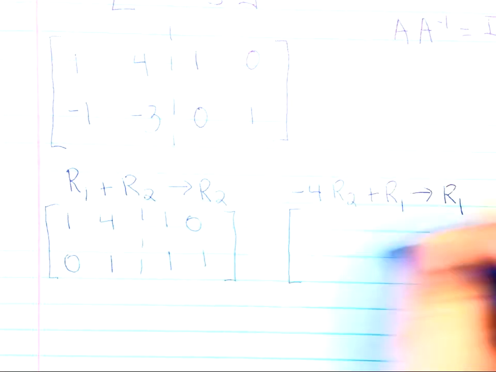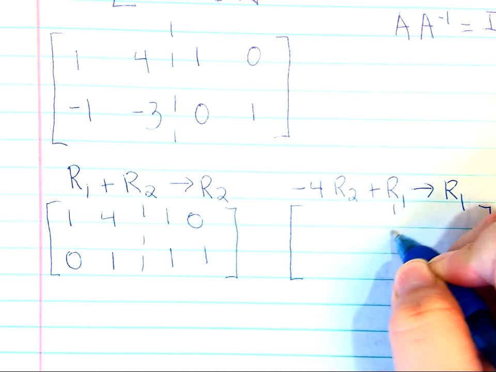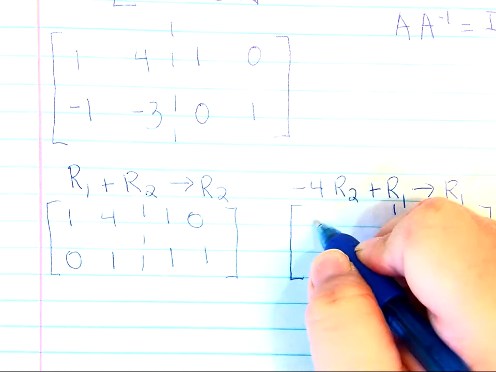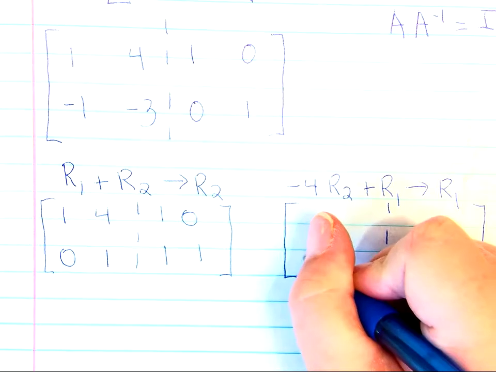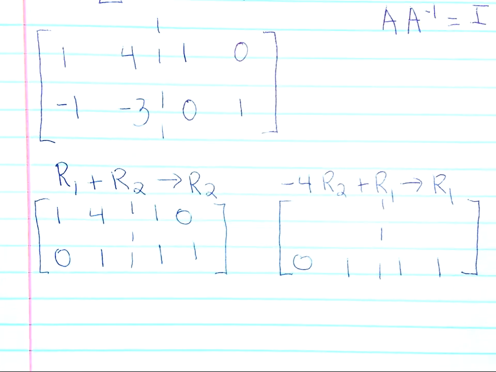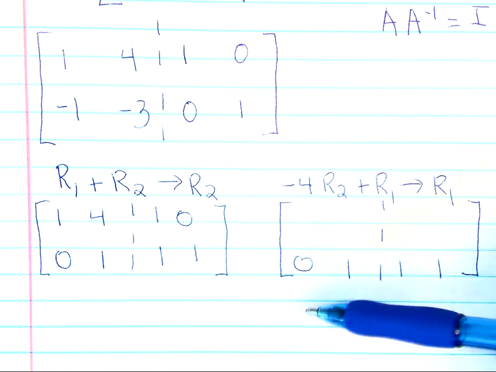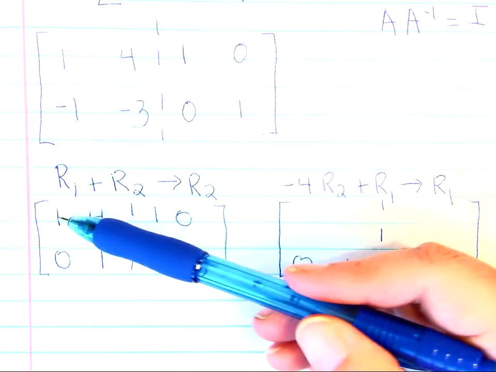So, I'll draw my new matrix. I'm going to draw my dashed line. Right now, my row 2 is not going to change, so I'm going to fill that in. 0, 1, 1, 1. And then we're going to take 0 times negative 4 and add that to 1.